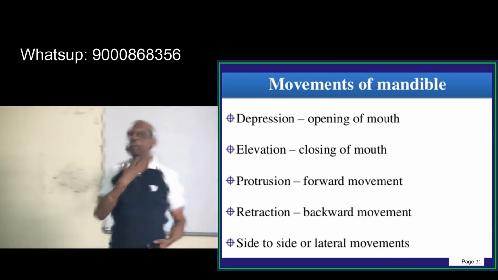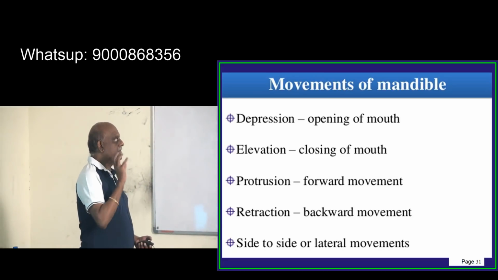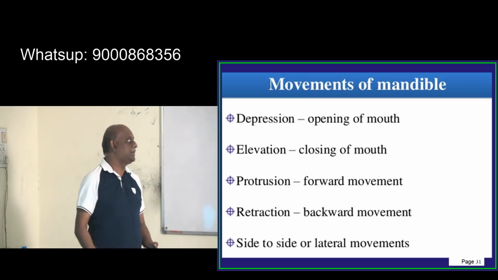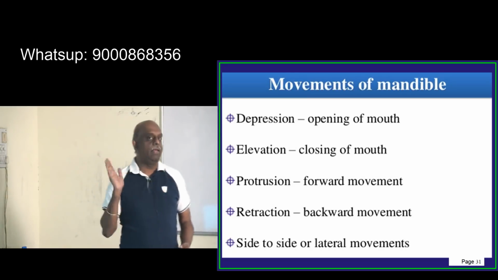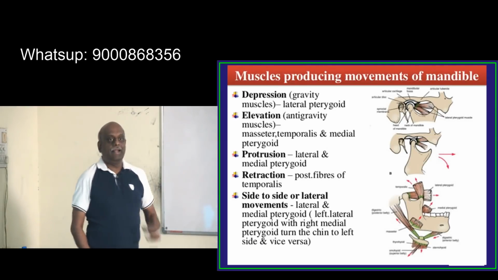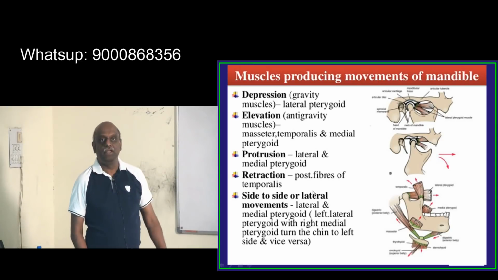So mandible depresses, opens the mouth. Mandible elevates, closes the mouth. Mandible protrudes and mandible retracts, and mandible can make the side to side movement. So the depression of the mandible with the opening of the mouth, lateral pterygoid.